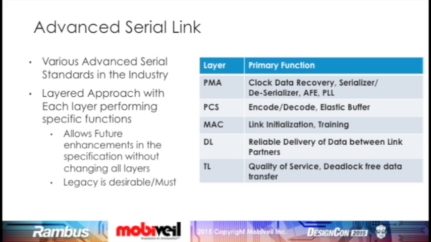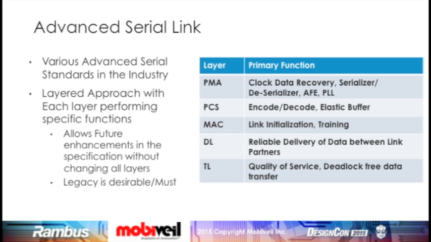And just for naming purposes, PMA is where you will be doing clock data recovery, serialization, and deserialization of the data. You have the analog front end and PLL. PCS is the layer where it's a digital part, but you would be doing encode, decode. Various types of mechanisms are used in the industry, starting from 8b/10b to 128b/130b, 64b/67b.